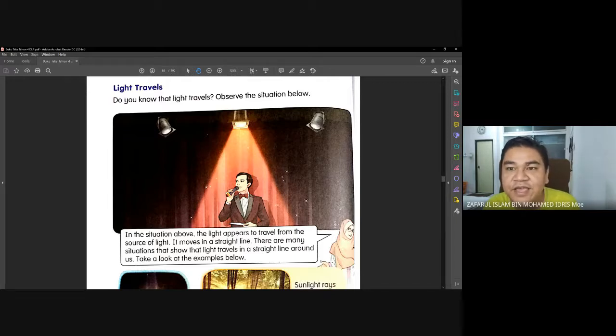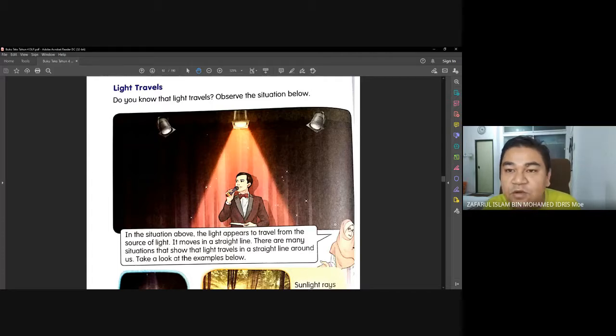On page 88. Cepat. So can you tell me which one is the source of the light? Itu ada the person, MC, pengacara majlis. Okay ke apa artis ke tak tahu, rasa saya pengacara majlis. Okay, ada spotlight. So the source of light came from the spotlight. The light appears to travel from the source of light. It moves in a straight line.